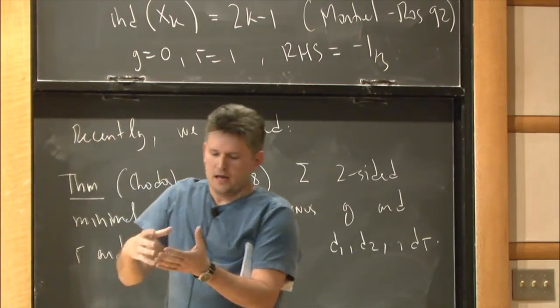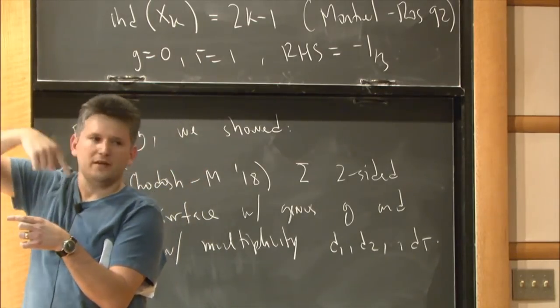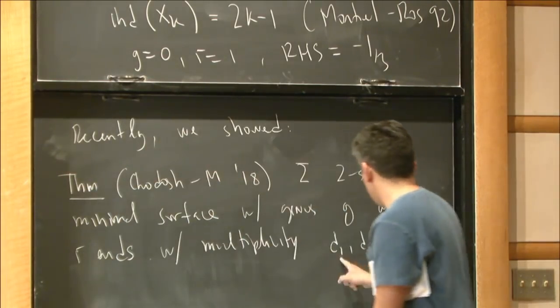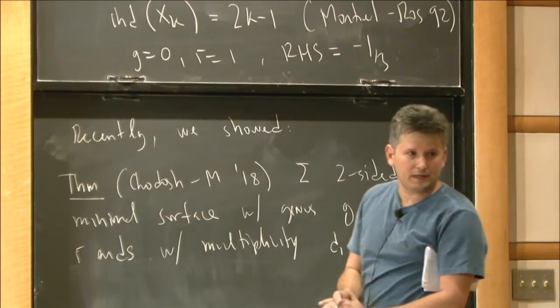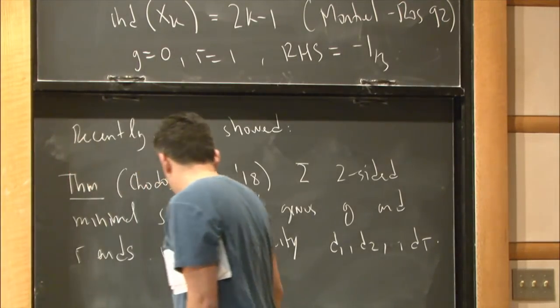So sigma intersected with the end is a curve wrapping around, but converging to the circle with an integer multiplicity. That's what these numbers d1, d2, dr are. So I'm using this very important fact that the integral of k is finite.